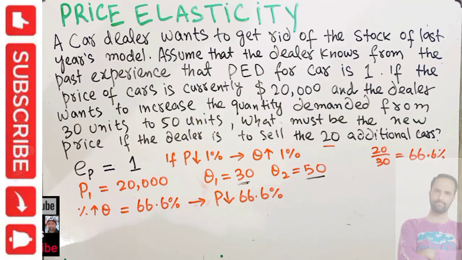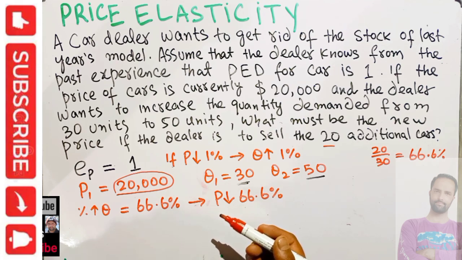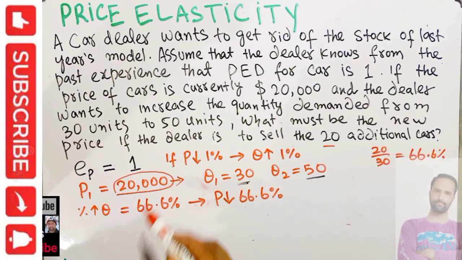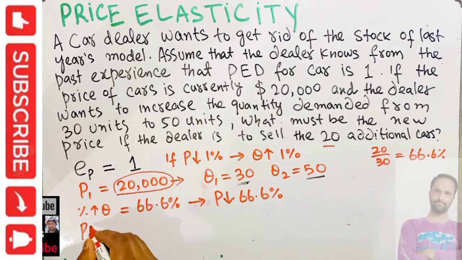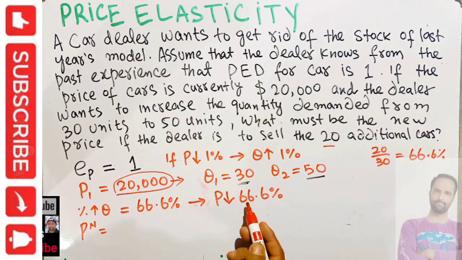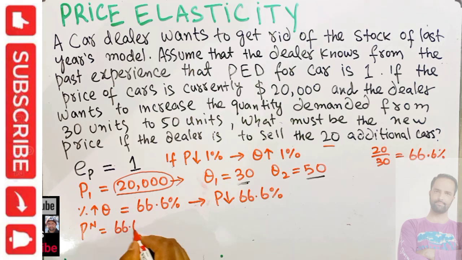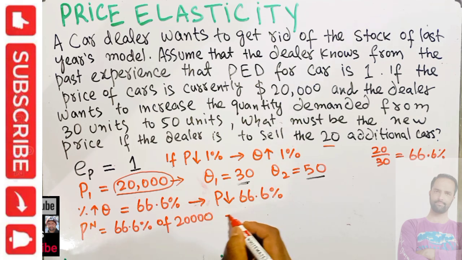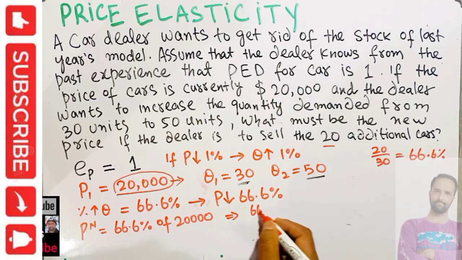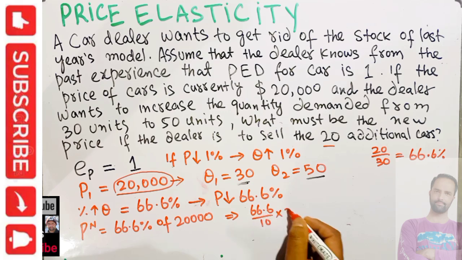Now the initial price was $20,000. What should the new price then be? This initial price should decrease by 66.6%. So the new price will be 66.6% of the initial price of $20,000, that is 66.6 upon 100 into $20,000.